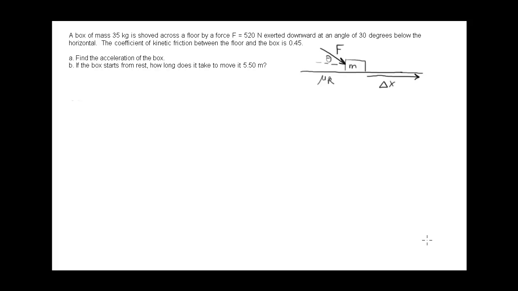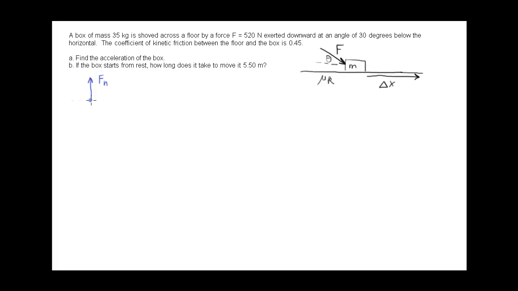Well, we're going to start as usual by drawing a free body diagram for the mass, which is the box. So here it is, and we know what some of the forces are that are acting on it. There is a normal force because it's in contact with the floor.